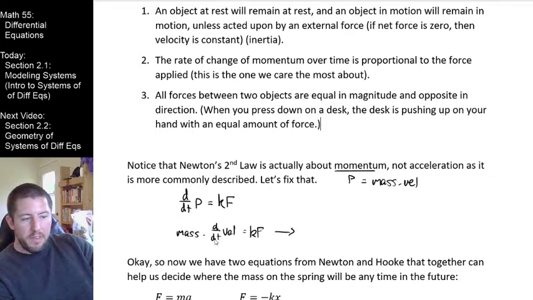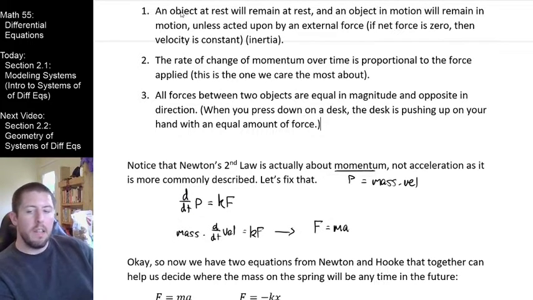And we know what the derivative of velocity is. This looks like mass times acceleration. Force equals mass times acceleration, right? I'm going to lump the K in with mass over here right now. And that's going to be force equals mass times acceleration. The whole point here is Newton's second law is actually not a statement about acceleration, but about momentum.